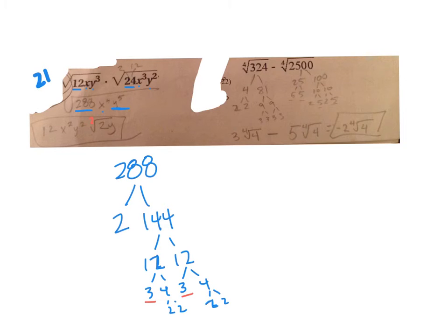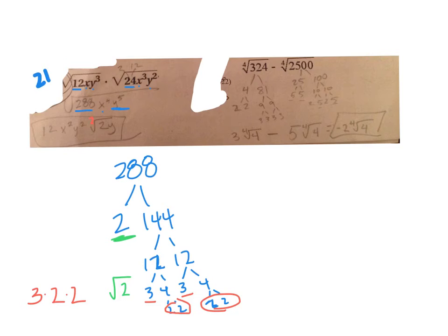So you have a pair of 3s, so that means they'll get out. You have another pair of 2s. So for every single pair that gets out, you take the square root of 2 times 2 and it's a 2 on the outside. This guy is stuck. He does not have any partners, so he is stuck under the square root.